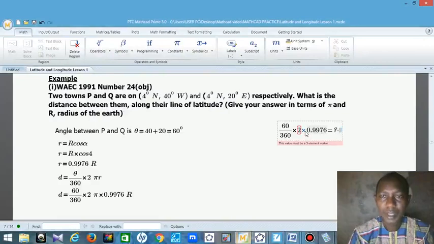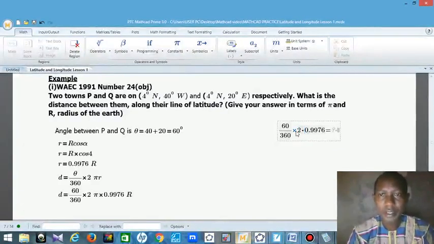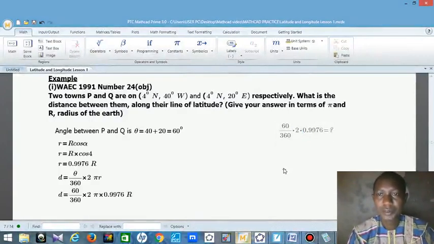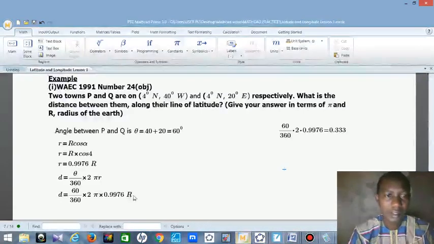Oh, okay, this is not the right symbol I'm supposed to use here. Sorry, let me use the actual symbol. Okay, so this is our answer, 0.33.